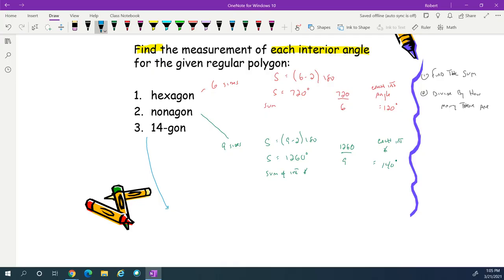So this is 14 sides, which means there's 14 interior angles. There's also 14 exterior angles.